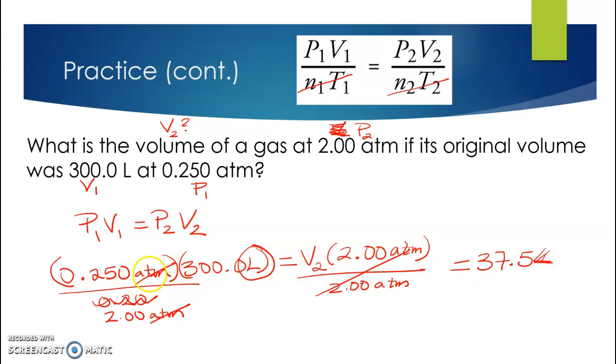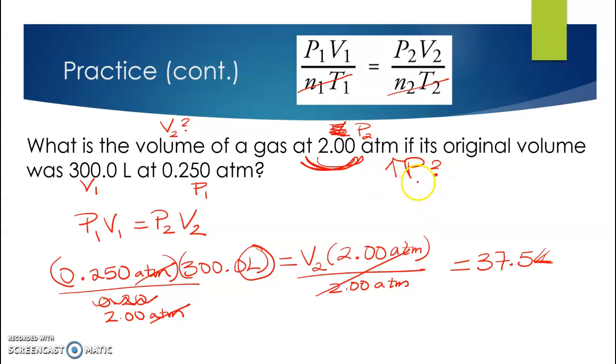I always like to stop and ask myself on a question like this, does that make sense based on what I've learned about the gas laws? You can see that the pressure went up really dramatically on this gas. It went from 1/4 of an atmosphere all the way up to twice the atmospheric pressure on Earth. So what did we learn in Boyle's law about volume when you increase pressure?